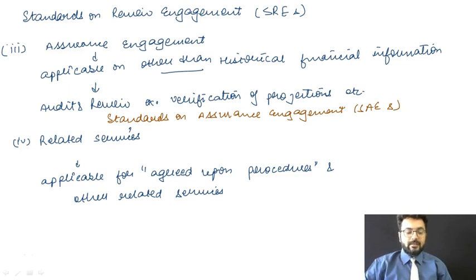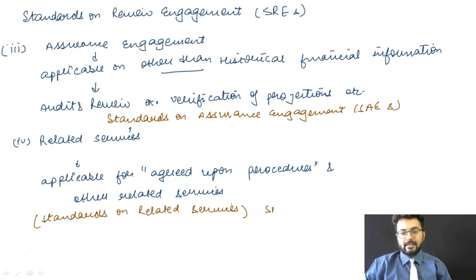Got it? And after that, when it comes to related services, you will find that there are standards on related services. That is particularly known as SRS. Got it? So for everything, you will find that there are some kind of standards.